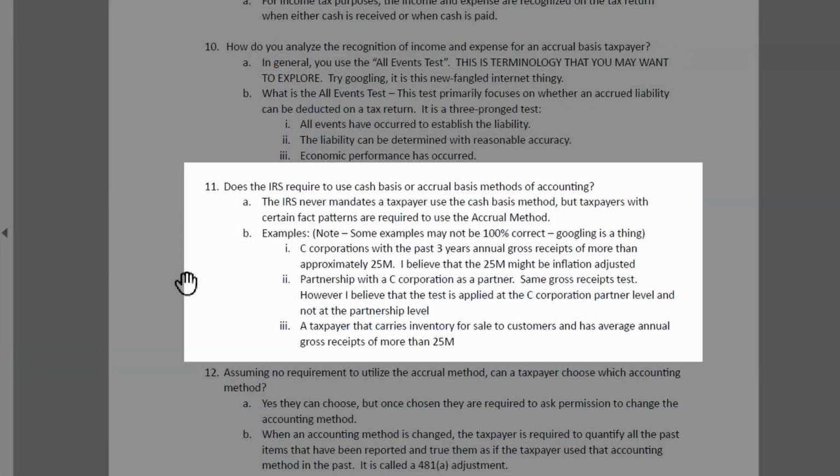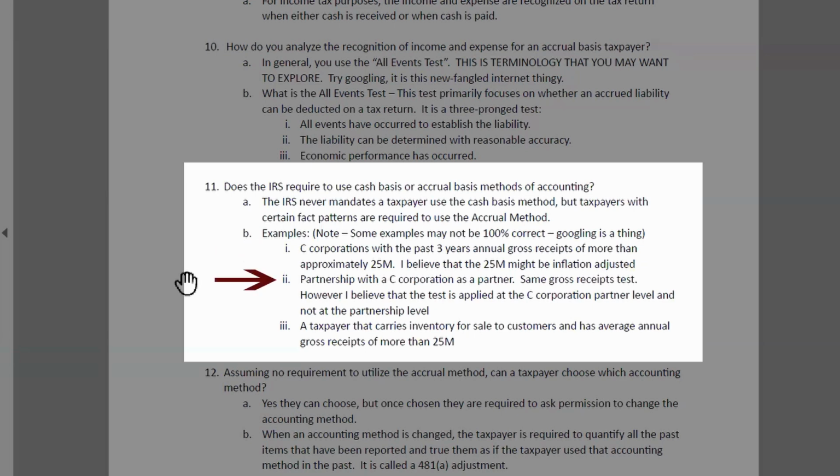Does the IRS require you to use cash basis or accrual basis methods of accounting? The IRS never mandates the taxpayer to use the cash basis method, but taxpayers with certain fact patterns are required to use the accrual method. Examples. Note some examples may not be 100% correct. Googling is a thing. One, C corps with past 3 years annual gross receipts of more than approximately 25 million, inflation adjusted.